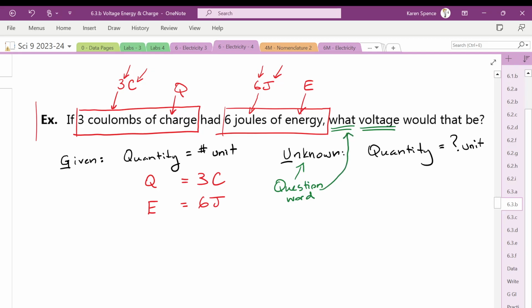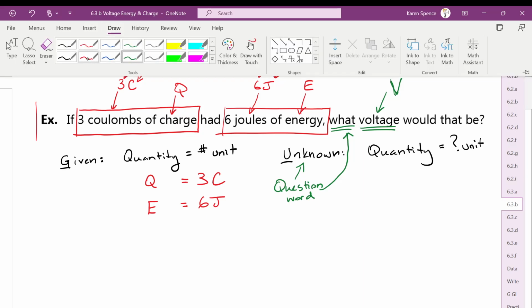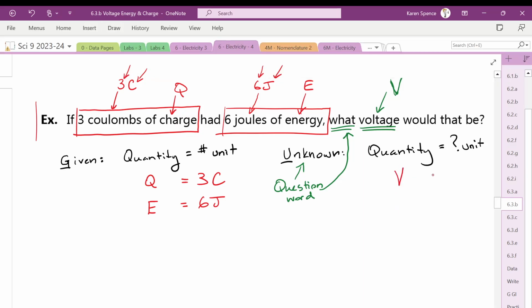So our voltage, now I don't know if I officially mentioned this, but the abbreviation for voltage, you can look it up on your purple sheet, is V. So the symbol for voltage is V. So we're going to write V, voltage, is equal to, we don't know how many. Now, can you guess the unit for voltage? This one's actually really easy.